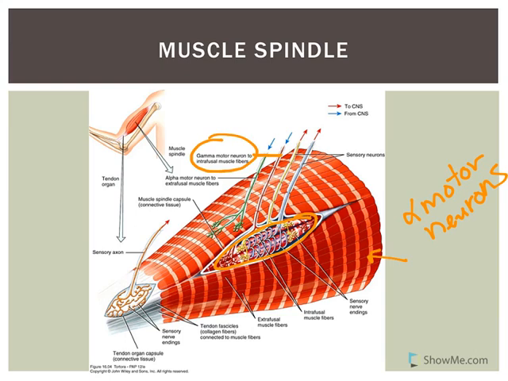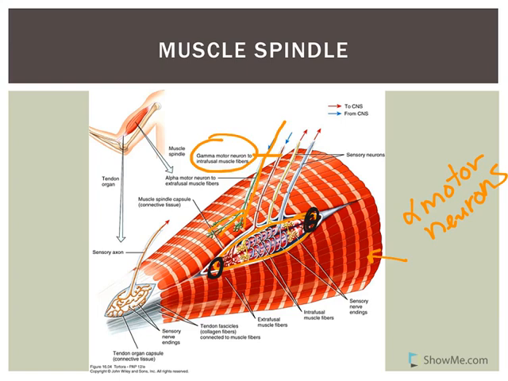The green is the alpha motor neuron innervating the extrafusal muscle fibers. Gamma motor neurons innervate the ends of the muscle spindle. Muscle spindles were derived from muscle, but they've lost most of their contractile elements. So they're purely sensory, except the very ends of it. And that's going to be important.